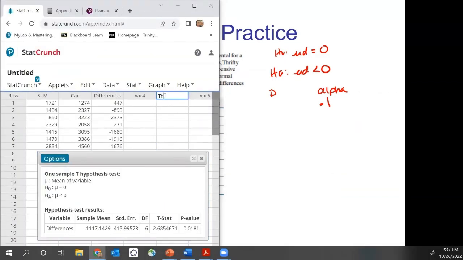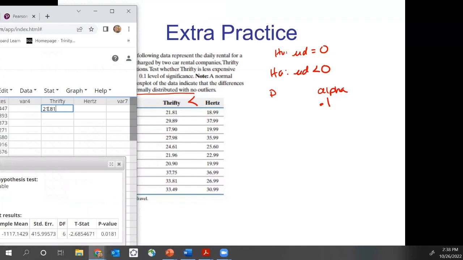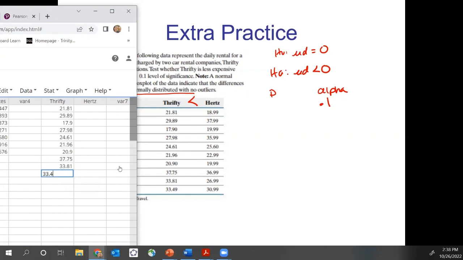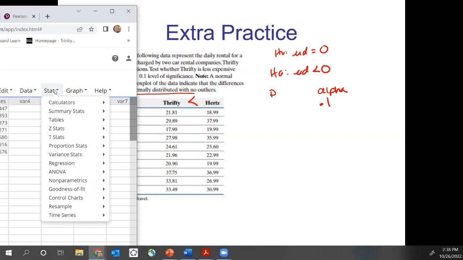So Thrifty, Hertz. Stats, small sample, stats.